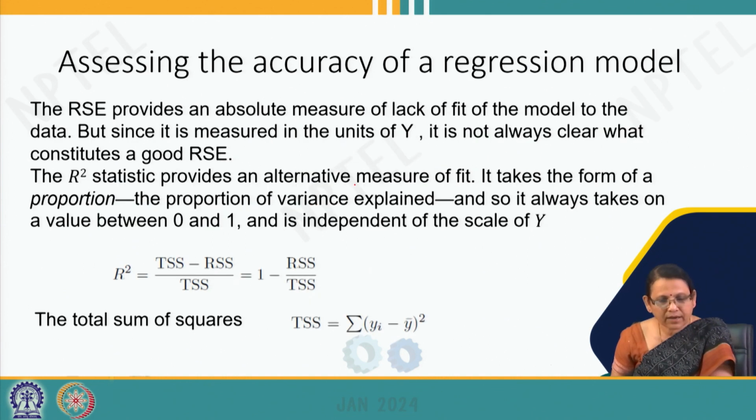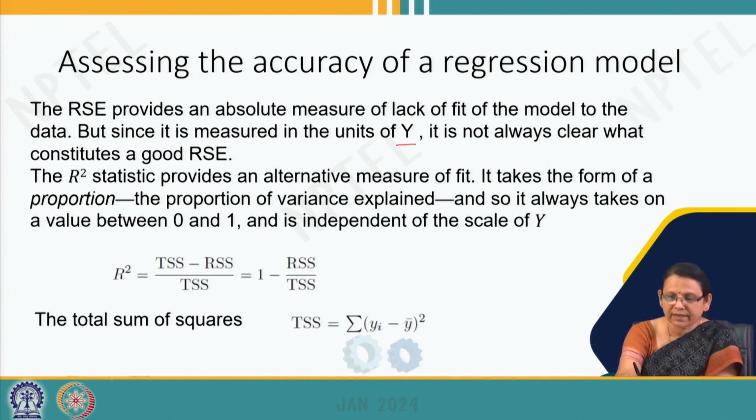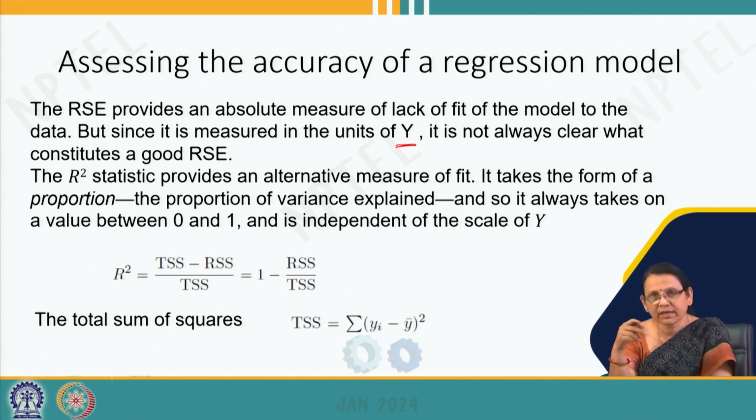In case of the R square statistic, it has to be large in case of a good fit. Now, RSE provides an absolute measure of lack of fit of the model to the data, but since it is measured in terms of units of y, because it is basically the square root over y minus y cap, it has the unit of y.